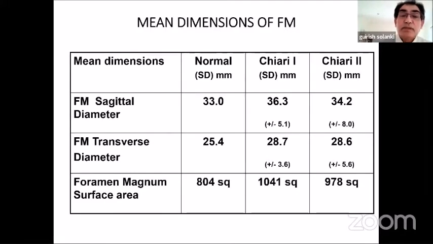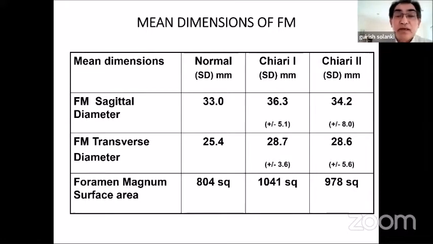Now, when we looked at the foramen magnum, because the question here is, is the foramen magnum so small that it is tightening the CSF flow and causing the syringomyelia, or is the foramen magnum so large that it is contributing to the herniation? And that is exactly what we found.